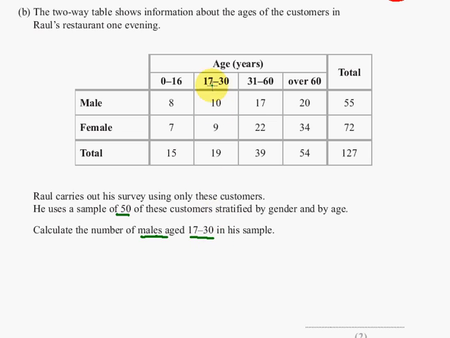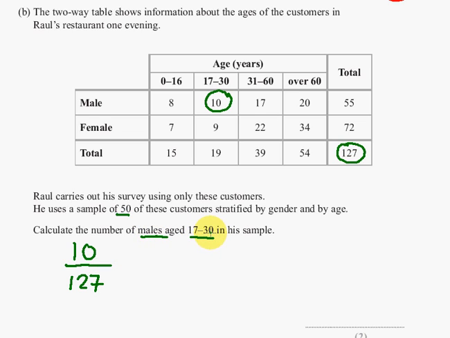First of all, males who are 17 to 30, there are 10 of those out of a total of 127 people. Now a lot of the times in the papers they don't give you these totals. This time they've been nice to you. So you have to work those out yourself. So 10 out of 127 will be males who are 17 to 30.